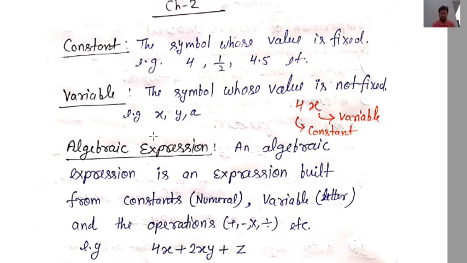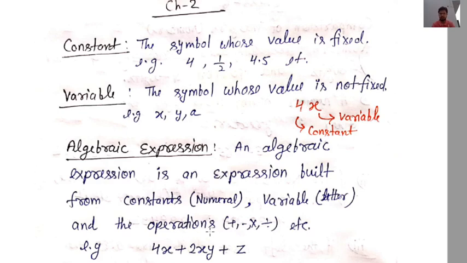Now, what is an algebraic expression? An algebraic expression is also a very simple thing. See what it is. An algebraic expression is an expression built from constants, meaning numerals, and variables, like letters, symbols, shapes, anything you can take. Suppose I write here 4 and x and an operation.